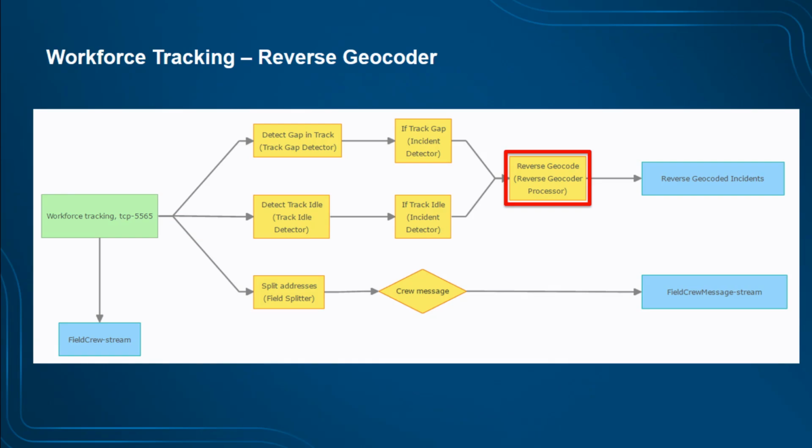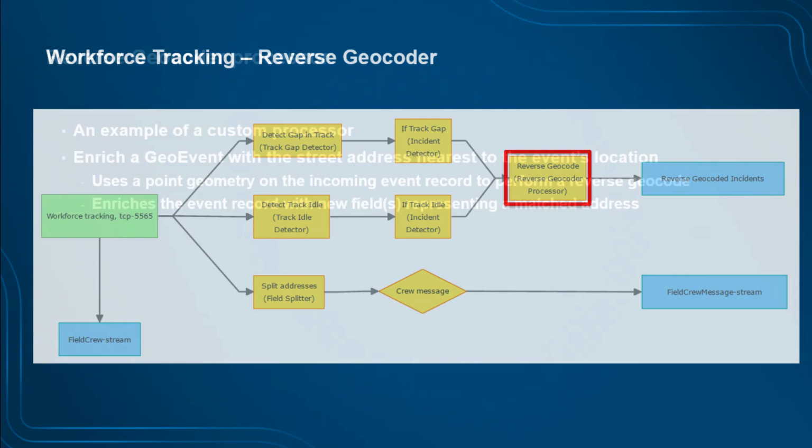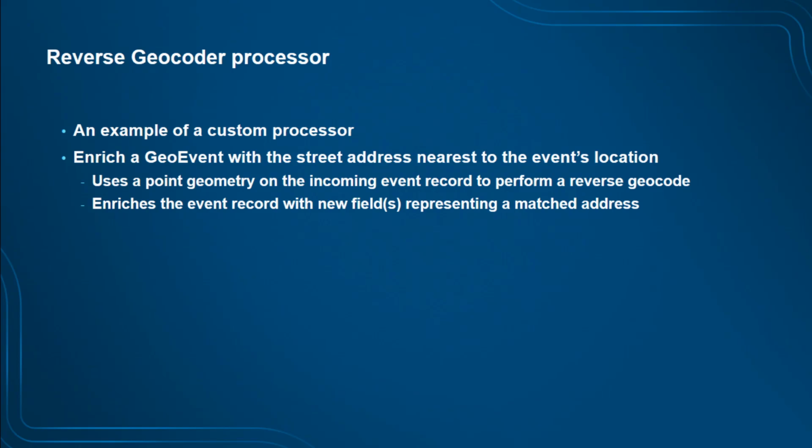So that workflow was very similar to the track idle workflow, where we were simply watching for idle events, and then we followed that up with an incident detector as well, so that we could see how long that idle event happened, and when it started and when it closed. Now, in either case, we followed both of those incidents with a reverse geocoder, so that we could know where those events happened. Now, the reverse geocoder is not an out-of-the-box processor.